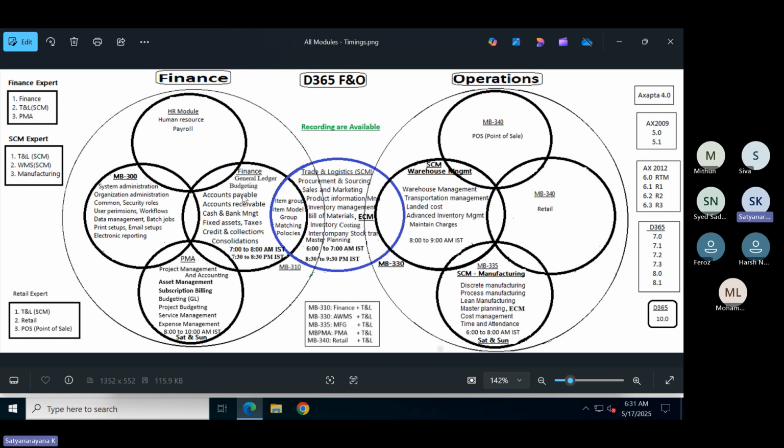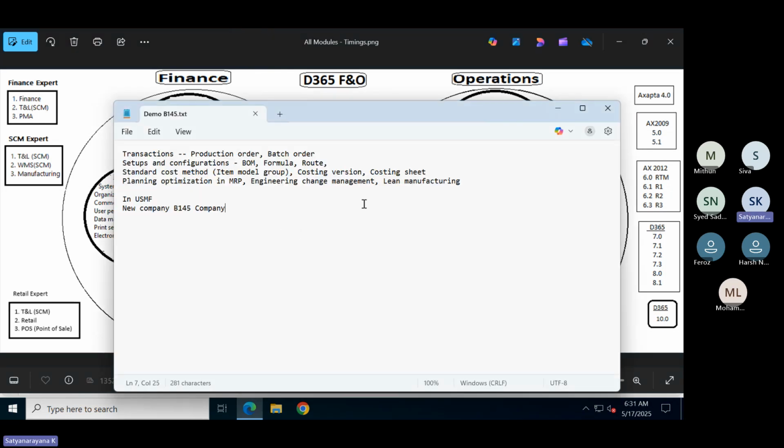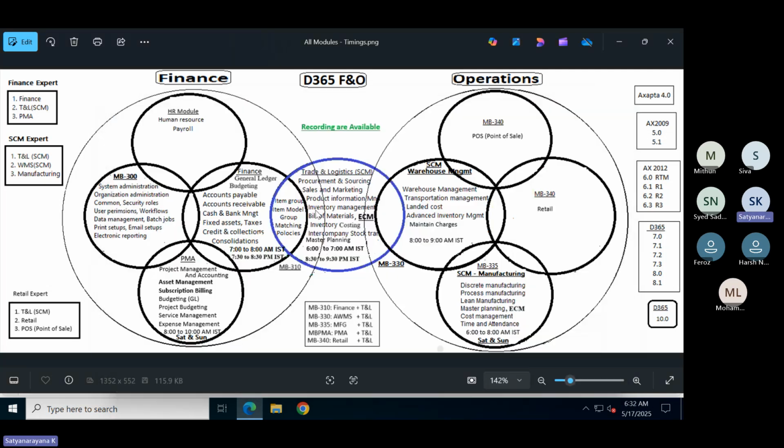So a little bit you are going to learn this one, this one, and this one. And one important point I need to teach you is accounting entries. These accounting entries are related to finance, pure finance. But a finance consultant cannot understand the manufacturing process.